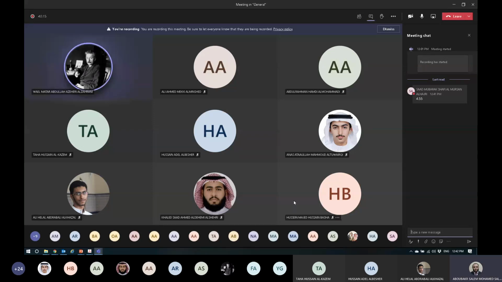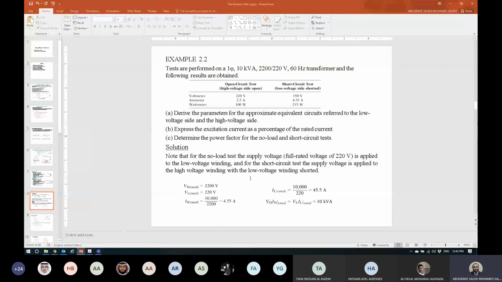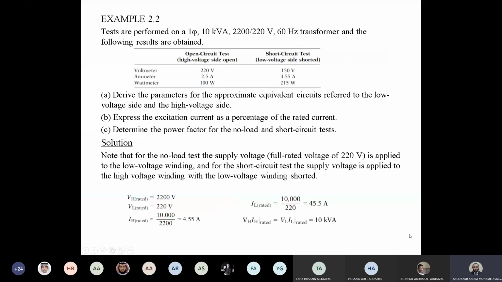Good. So as you can see, this is now the open circuit test, and we placed the meters on the low voltage side at 220 volt. So we should refer this value of current to the low voltage side current, which is 45.5 amps.